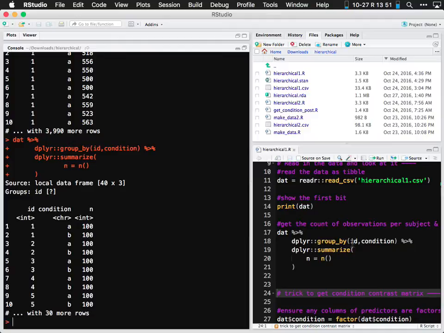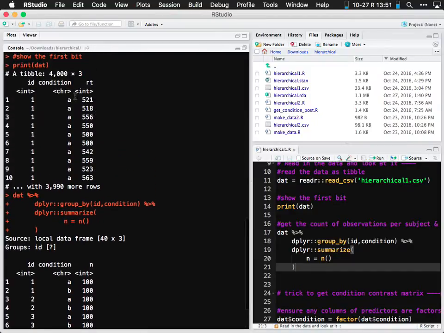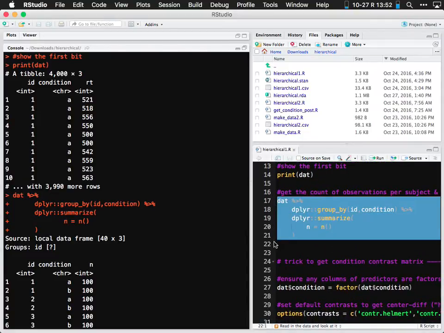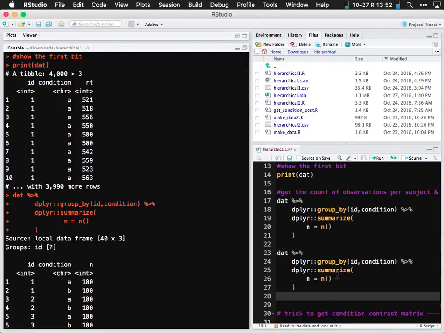It says for each person and condition, group those, and do a summary counting the number of items per person per condition. So I made up the data, so I happen to know that there's 100 observations per person per condition. We could go in and say, okay, per person and condition, compute a mean of the value in the RT column. I'm actually going to do that just to elaborate on this.